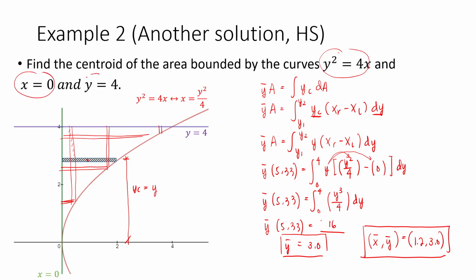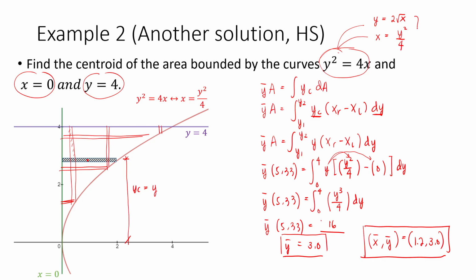So x equals 0 and y equals 4 are just simple equations. In this curve, I'll try to isolate the x and y variables. For example, if I isolate y, I'm going to have 2 square root of x. Then if I isolate x, x is just equal to y squared over 4.